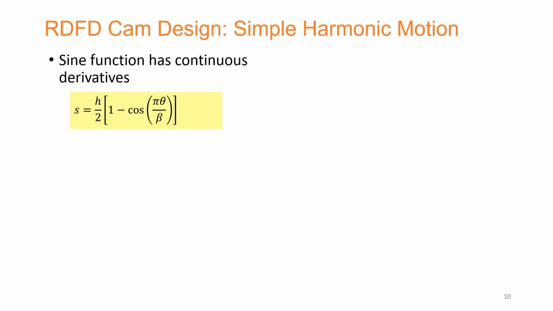Now, the biggest benefit of using sine function, as described earlier, is to have the continuous derivatives. And we're going to take derivatives now in order to see the behavior. So the very first thing that we should compute is the V expression. And if you do that, this is going to be this expression.